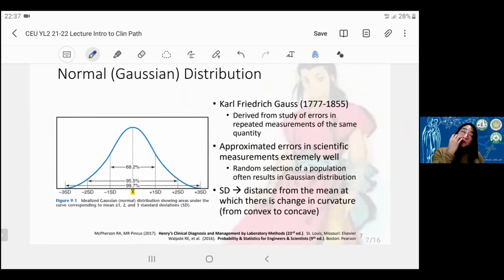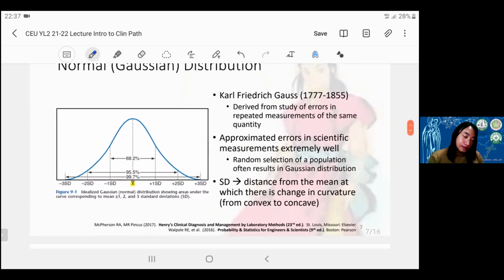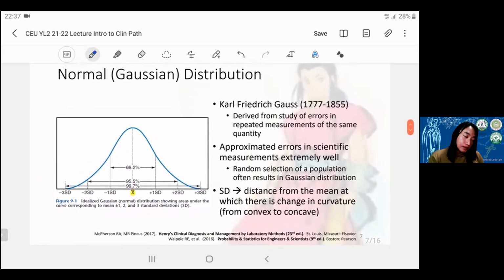And subsequent studies validated that this distribution curve approximated errors in scientific measurements extremely well. So the approximation of errors was very good. And this is because the random selection of a population often results in Gaussian distribution.